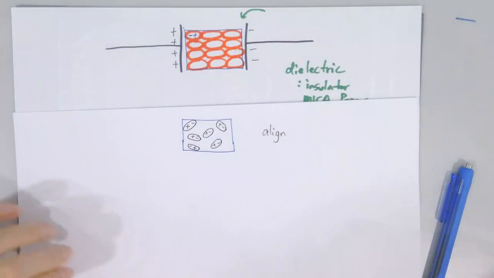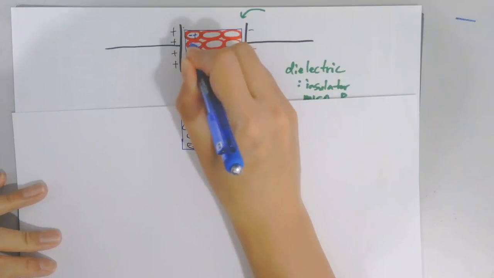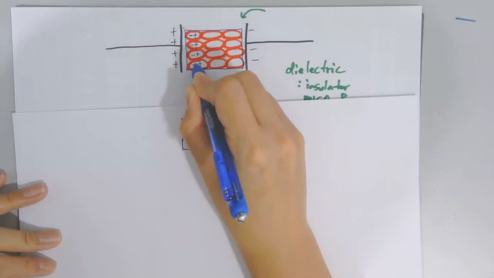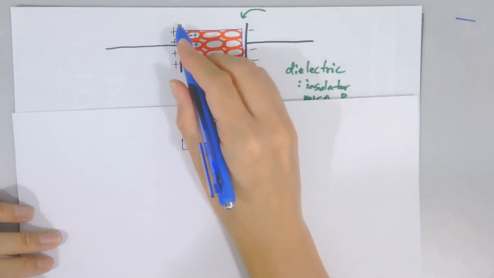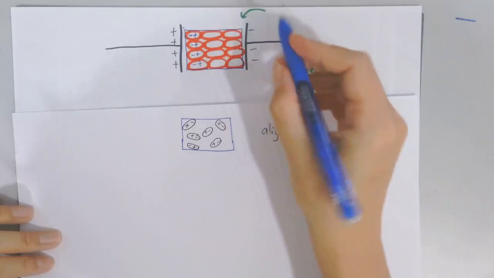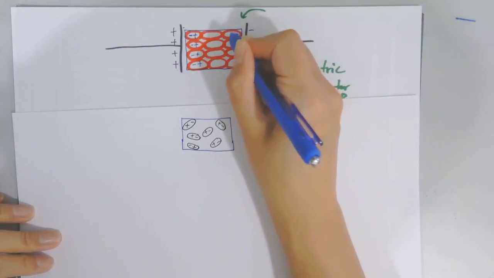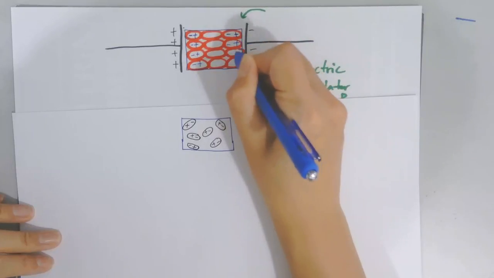Kalau ini positive side, so here you kena pati dia susun begini. Negative side yang akan berdekatan dengan positive plate. Dan kalau di sini negative plate, you kena pati di sini yang lebih dekat dengan dia adalah positive side. So I have something like this.